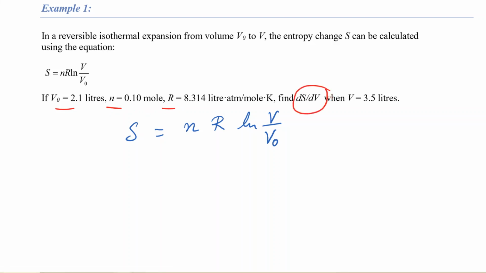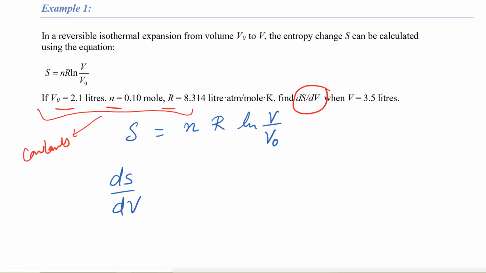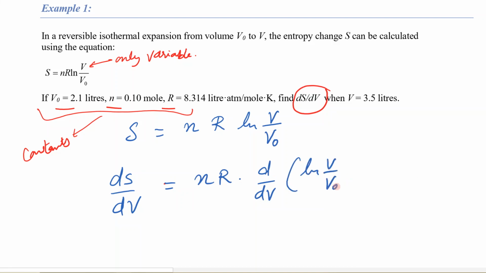So since you're finding dS over dV, it means the only thing that is variable here is V. The rest are all constants, and the only variable is V. So when we take the derivative, N and R are constant as they are. So the derivative with respect to V of ln of V over V0.